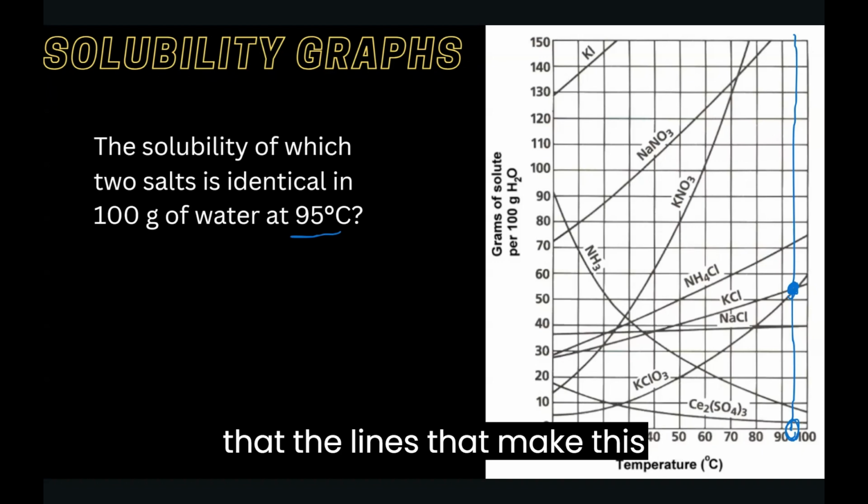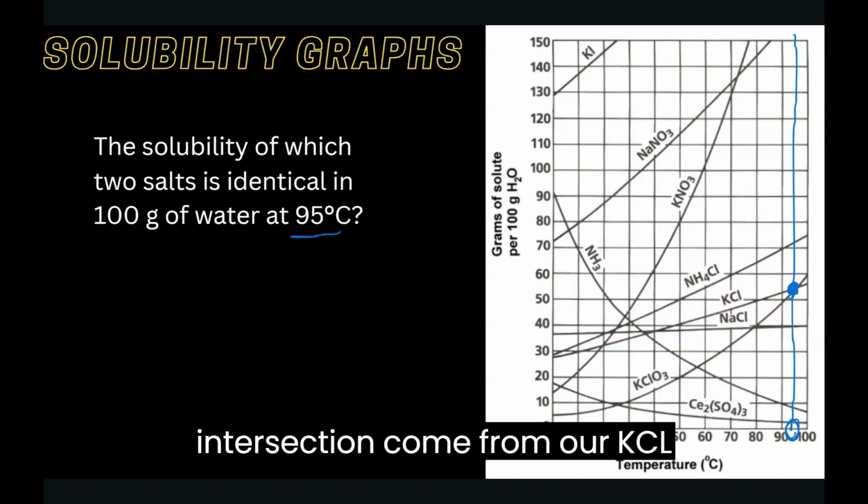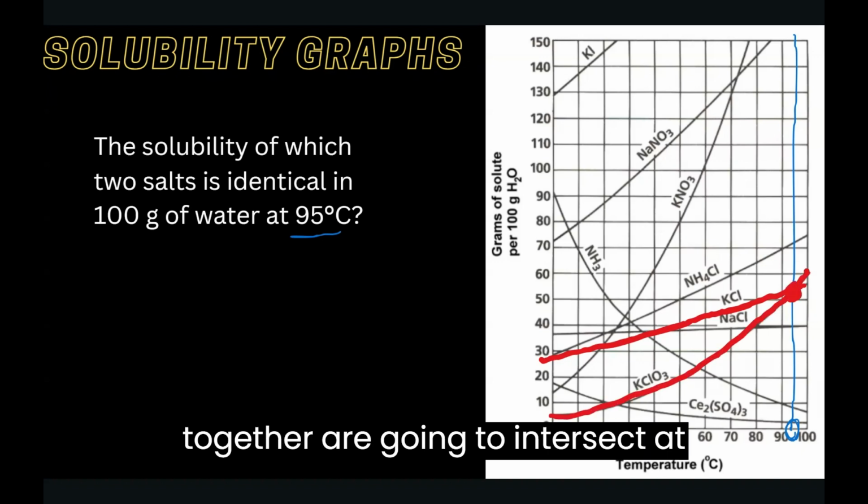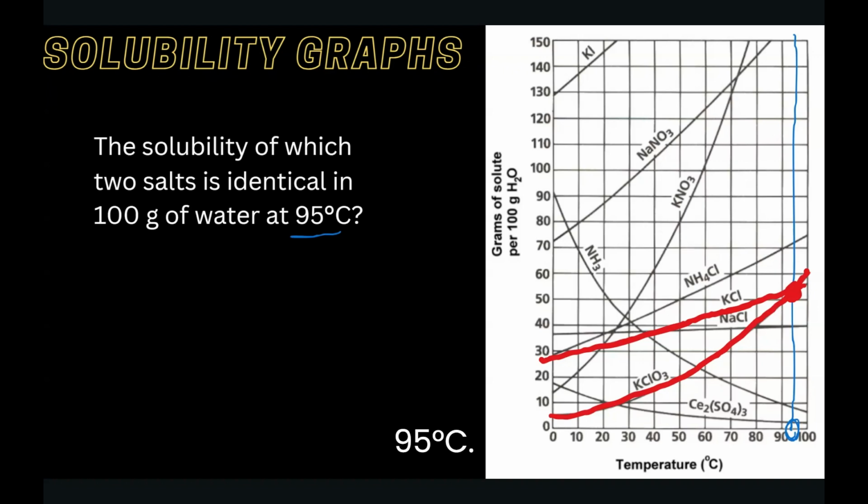Now, we should notice that the lines that make this intersection come from our KCl and from our KClO3. So those two lines together are going to intersect at 95 degrees Celsius. So it'll be our KCl and our KClO3.